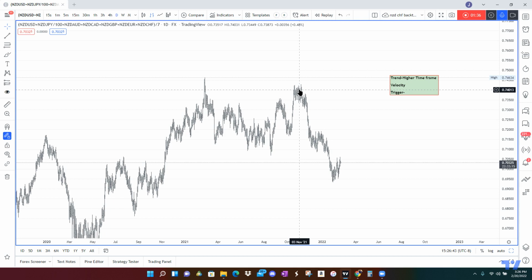A lot of people ask about a top-down analysis and how they really equate what they're seeing on the lower time frames to what they're seeing on the larger time frames and vice versa. So I'm going to get into it as best I can and simplify this for you guys.